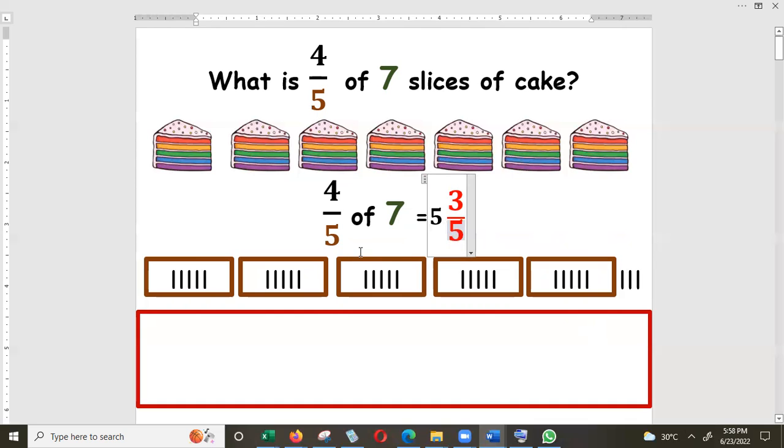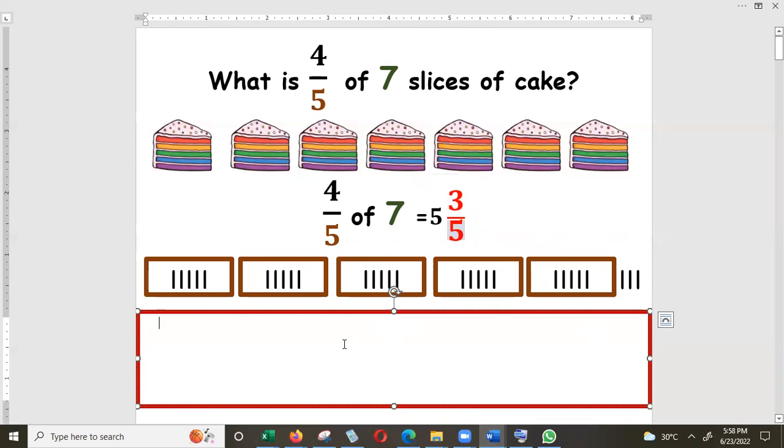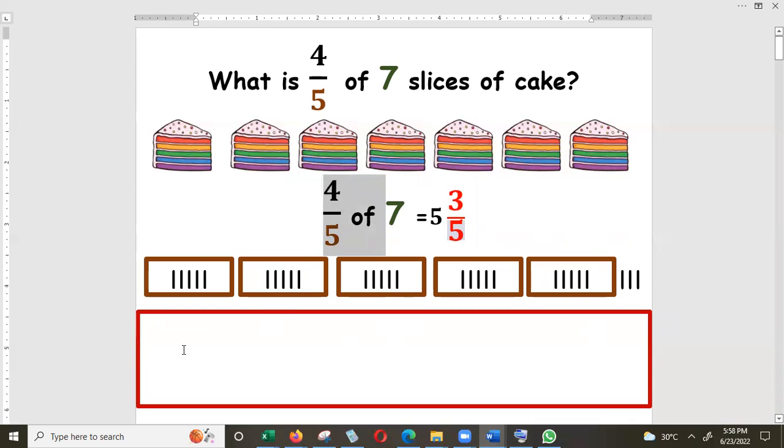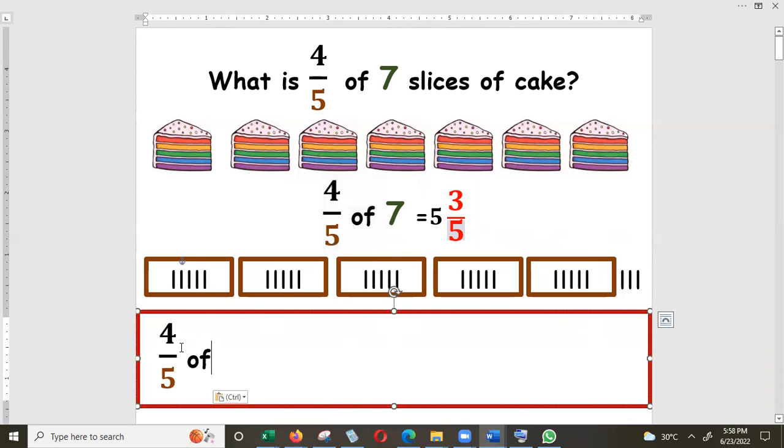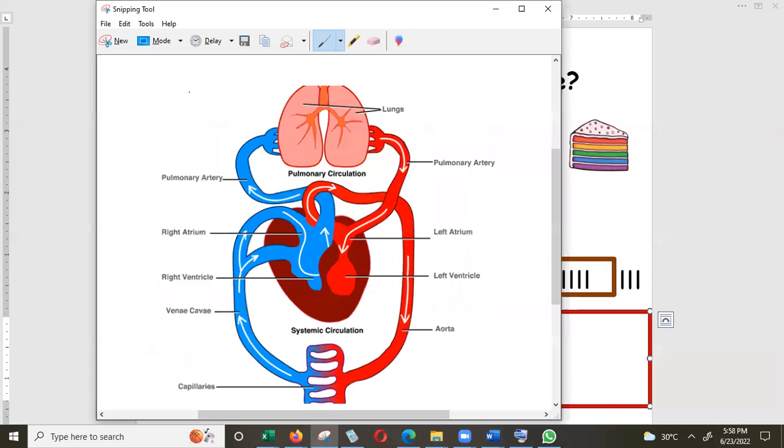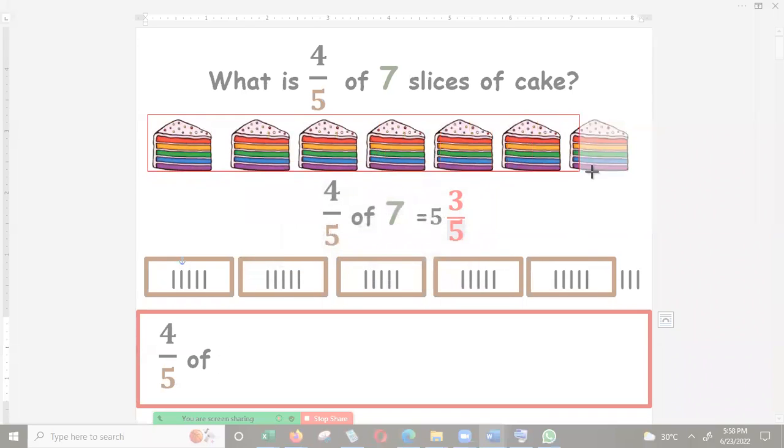So 4/5 of 7 is 5 and 3/5. Okay, so therefore, if someone wants 4/5 of 7 slices of cake.